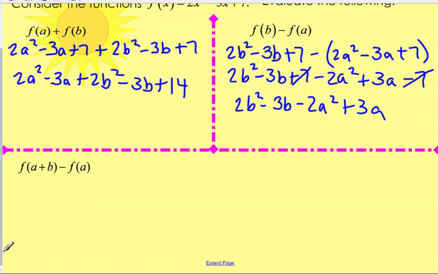Finally, we've got f of a plus b minus f of a. We have already found what f of a plus b is, but I'm going to do it again here for us.